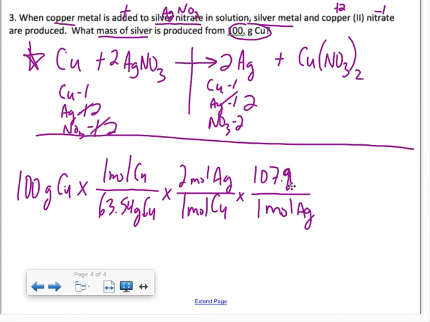Whoops, it's a 9. So 100 divided by 63.54 times 2 times 107.9, I get around 339.6 grams of silver.